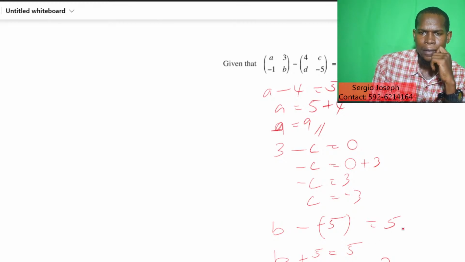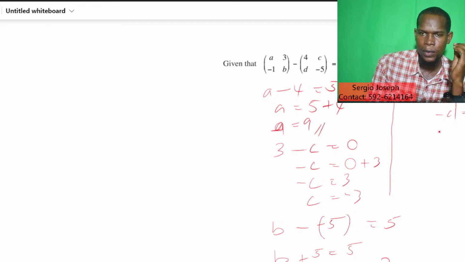Easy as that. And then we have to find D. Let's go. We have minus 1 minus D is equal to 0. Therefore, carrying minus 1 over the equal sign, we have minus D is equal to 0 plus 1. So minus D is equal to 1.